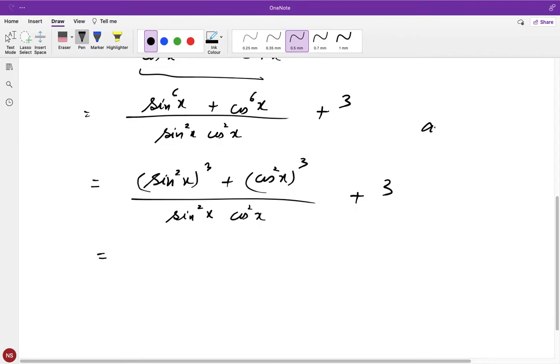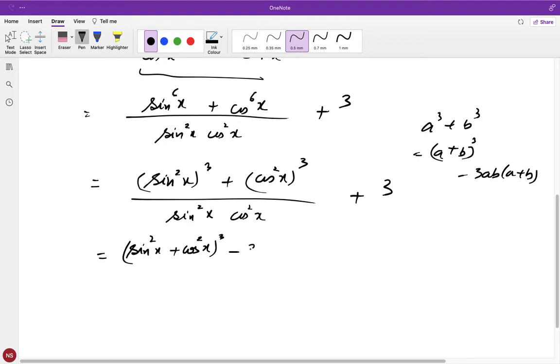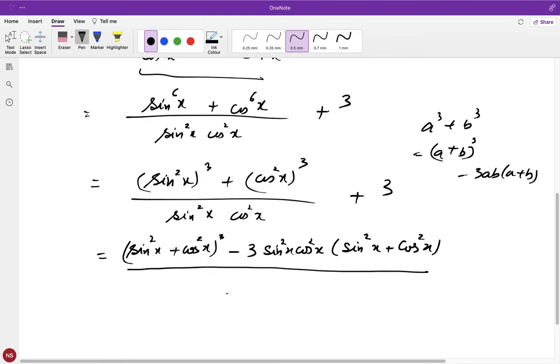We know that a cube plus b cube is equal to a plus b whole cube minus 3ab into a plus b. So this is sine square x plus cos square x whole cube minus 3 sine square x cos square x into sine square x plus cos square x, divided by sine square x cos square x plus 3.